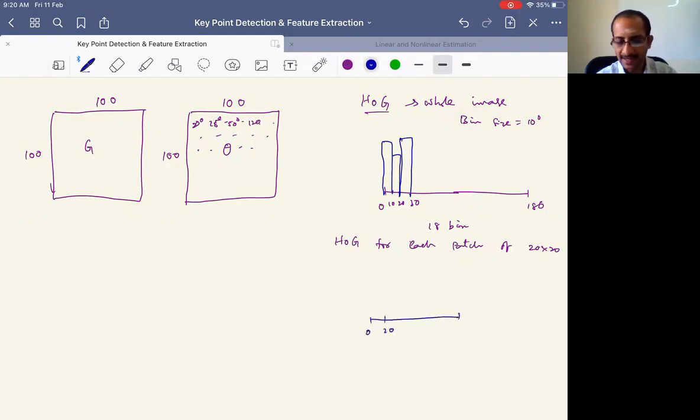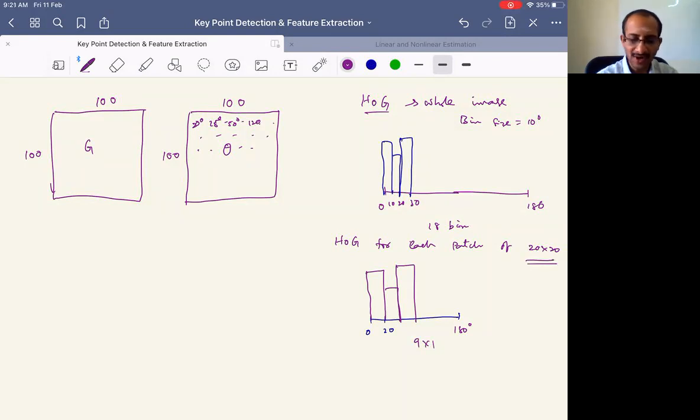So how many bins do we get up to 180 degrees? We get 9 bins. Then you have a 9 cross 1 vector for each 20 cross 20 patch.